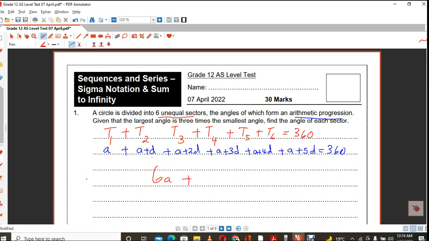If you count all the D's together, that's 3D, 6D, 10D, 15D. So that's 15D. That gives you 360. Well, you can go ahead and divide this equation by 3. So it will then simplify to 2A plus 5D equals 120. So this could be my first equation here.